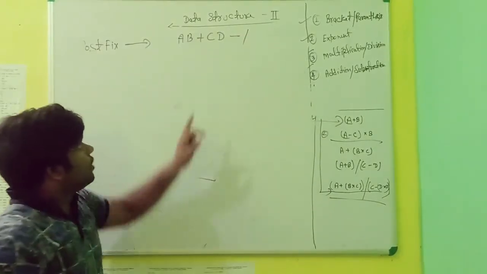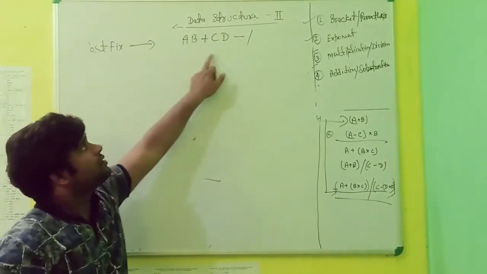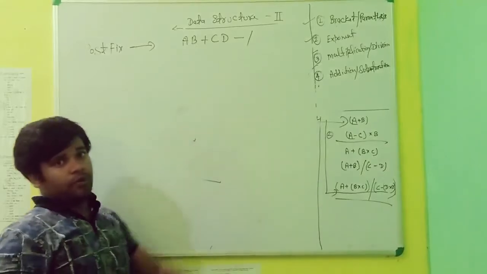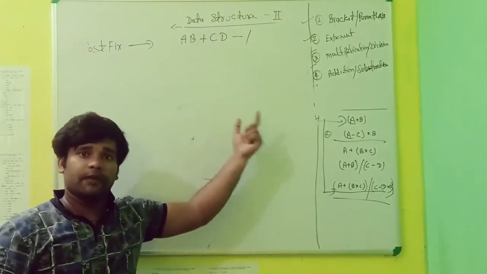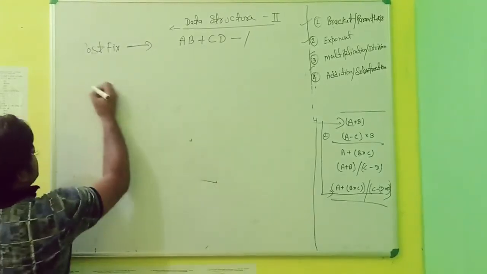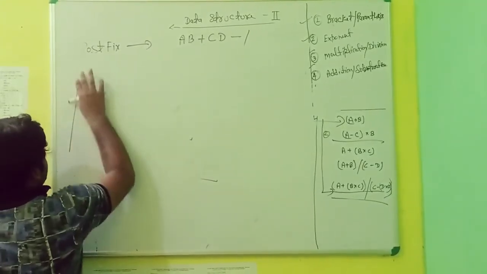One postfix expression is AB plus CD minus division. So now we have to convert it to a normal mathematical expression, or infix expression. Now let us see. First of all, make a box like this.